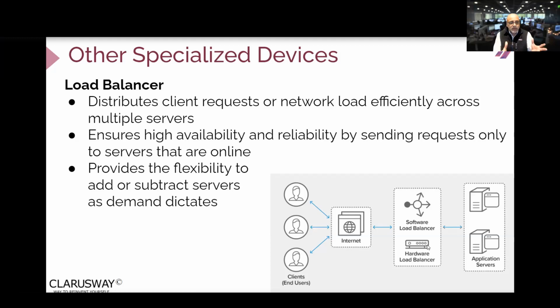So it's nothing more than very specifically designed, purpose-built hardware with software on it, whereas a software load balancer would be any generic server that you buy and you put specialized load balancer software on. But again, anything that you put on a generic server that's software-based is not going to be as efficient as an appliance, but it'll also be a lot less expensive. So it depends on what your needs are.